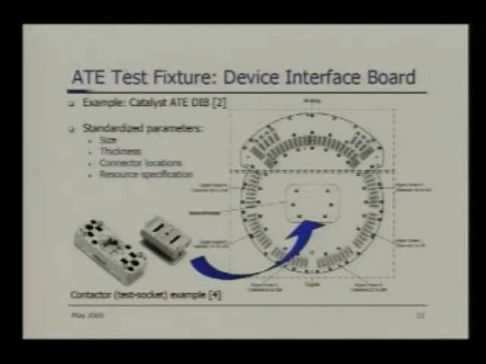Next is to place the device to be tested in the contactor, like I showed earlier here, and manually put the actuator. If you are doing the production test over multiple devices, you don't put the manual actuator. Actually, the handler has an arrangement to press the device snugly onto the test fixture, actually the test contactor, so that you have a good electrical contact from the device interface board to the PCB.